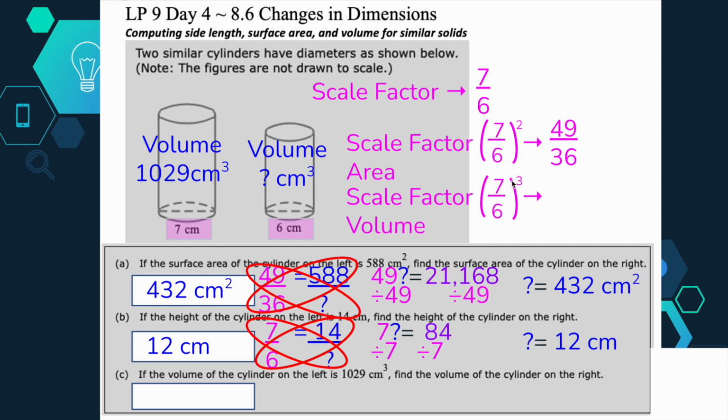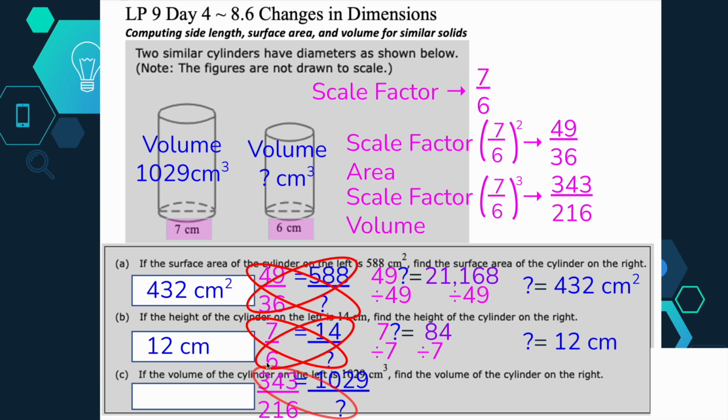So 7 cubed, that's 7 times 7 times 7, and 6 cubed, which is 6 times 6 times 6, we get some bigger numbers. So here it is, 343 over 216. So that's the scale factor I'm going to use on the volume. I know it's getting a little scrunched here, but hopefully that's all right. And that's going to equal the volume I know from the left over question mark for my right.